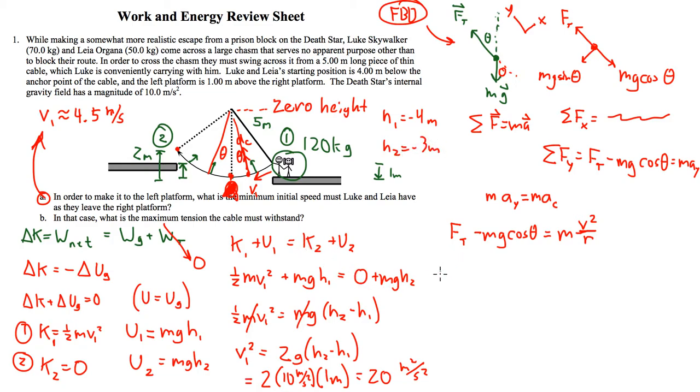And what we can do is say K plus U at our point theta, the values at whatever point we're looking at on their swing, equals the sum of K plus U somewhere else. In this case, the easiest one to do is at the end.